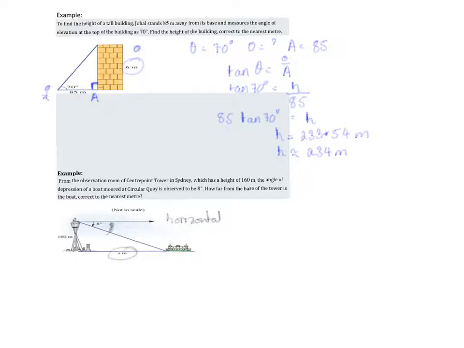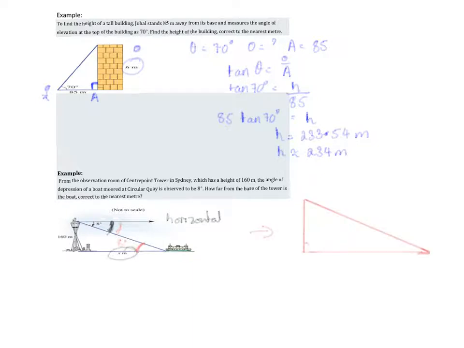Now this is where we need to use the fact that our angle of depression is equal to our angle of elevation. So we know that this angle here, let's do it in a different colour, is equal to this angle here. So both of them must be 8 degrees. Well, how does that help us? Let's have a look at what our triangle looks like.